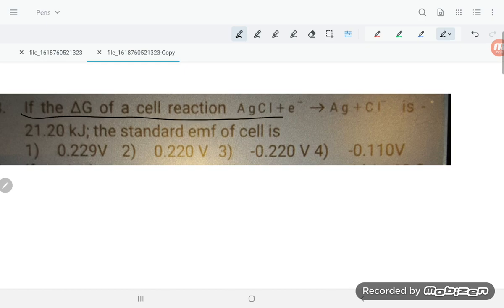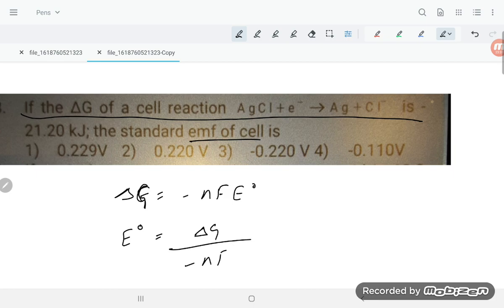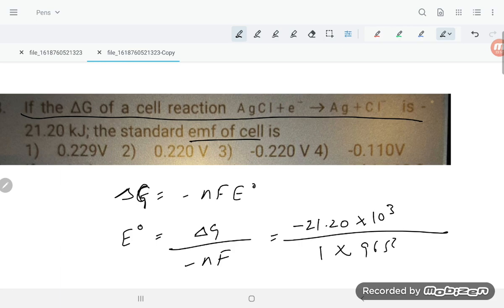If ΔG of the cell reaction is given, find the standard EMF. ΔG° = −nFE°, so E° = ΔG / (−nF). ΔG is given already as −21.20 × 10³ joule, divided by the number of electrons used, 1, and F, the Faraday, 96,500.